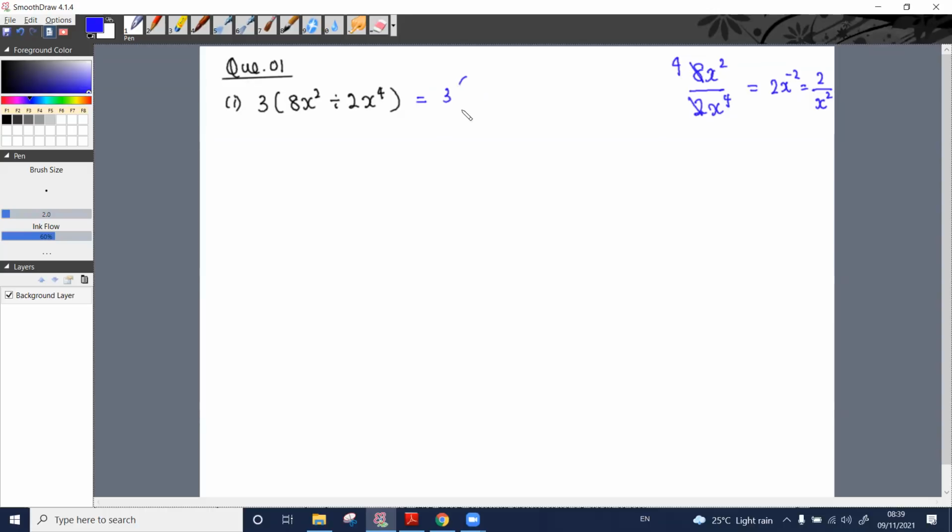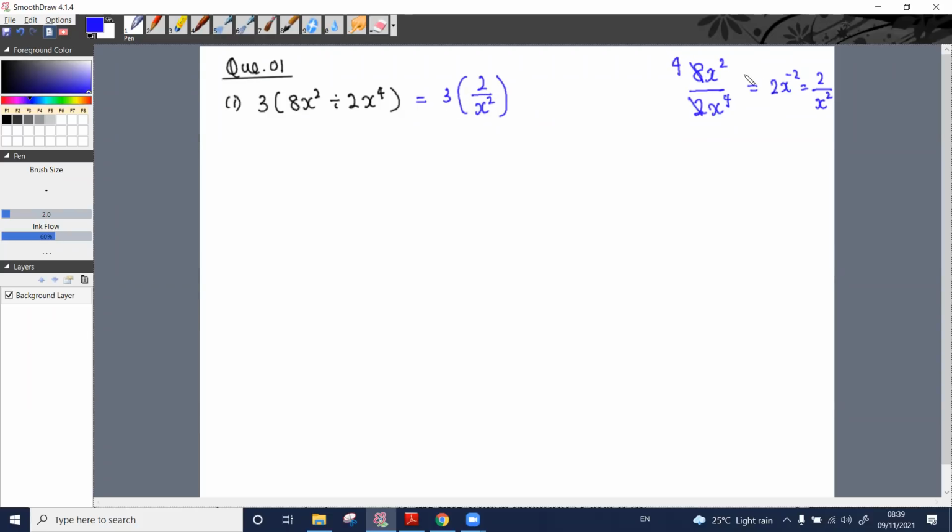So within the brackets, it should be 2 over x squared. But what is the meaning implied by using these brackets? That is the multiplication. 3 needs to be multiplied by this.